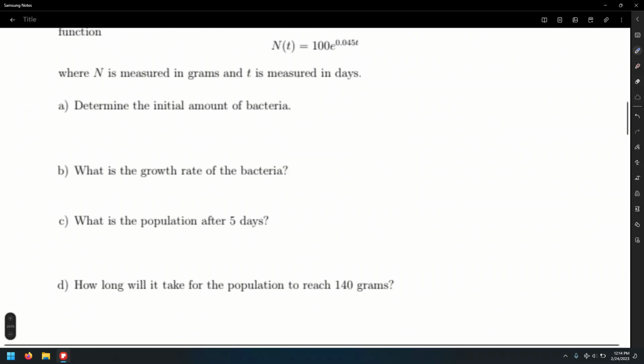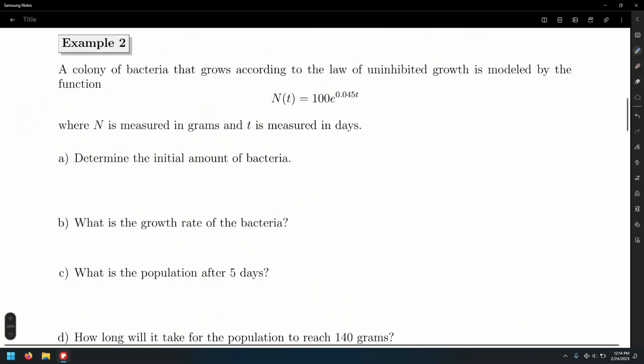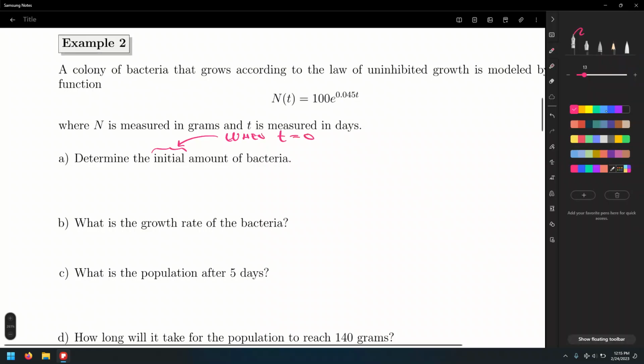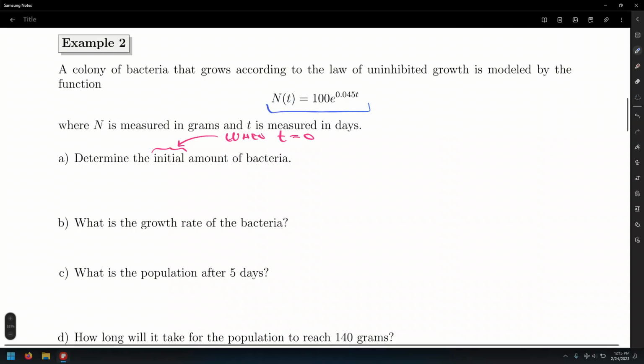All right, so determine the initial amount of bacteria. When we read initial, that means when t equals 0. All right, that's the initial. And all we do is evaluate this exponential function at 0, so that is equal to 100 e to the 0.045 times 0.